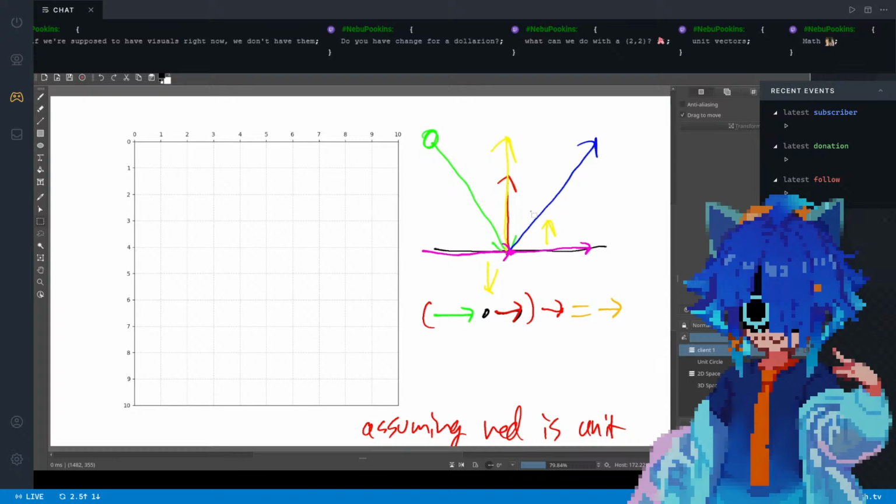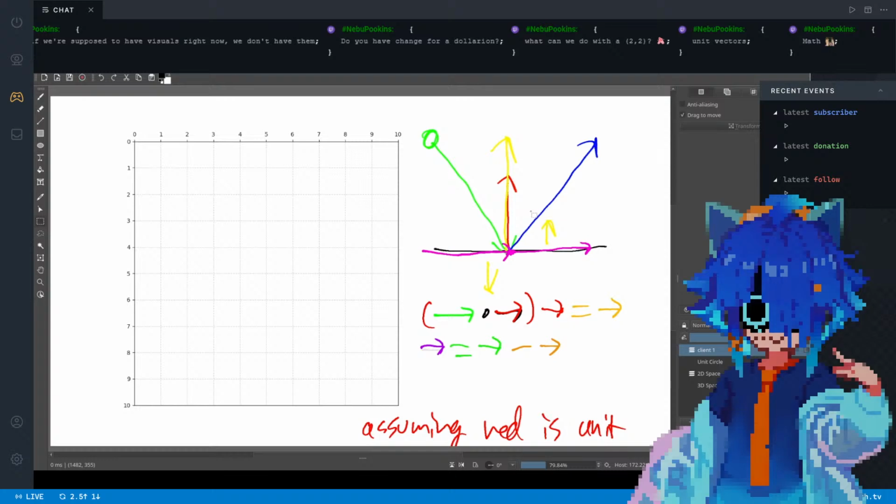Well, the purple vector, the one that goes along the surface, so normal to the normal vector, is just what's left over. So it's equal to the green vector minus the orange vector.